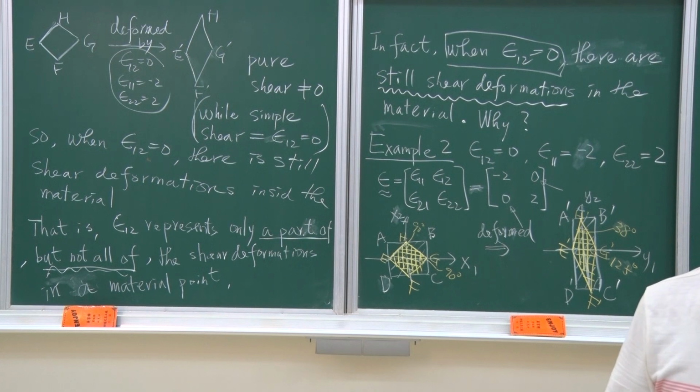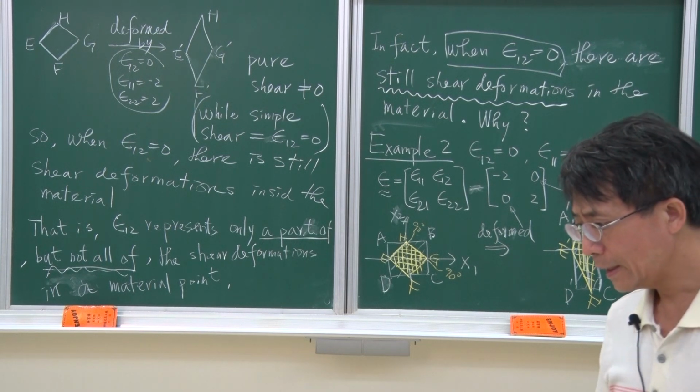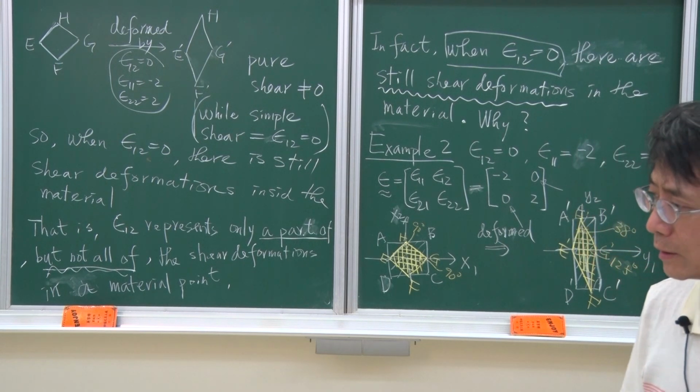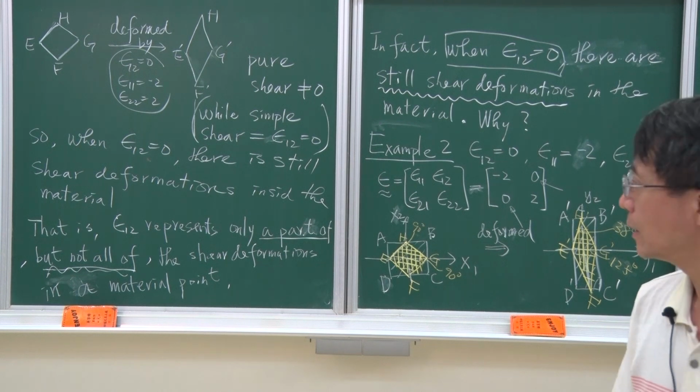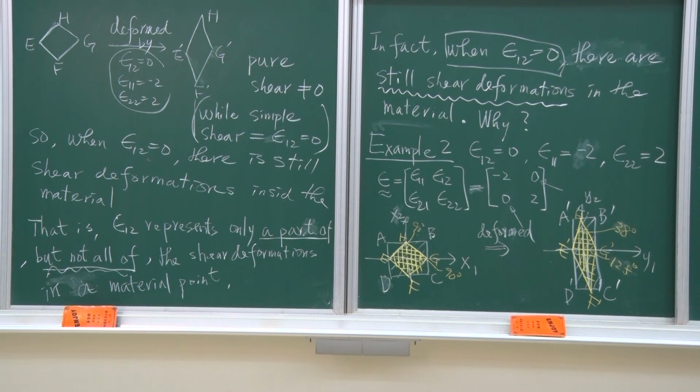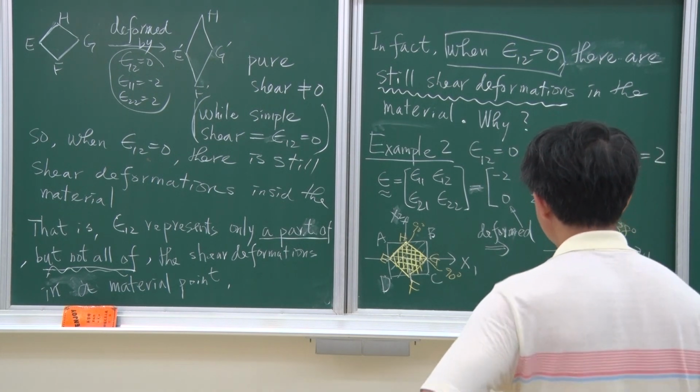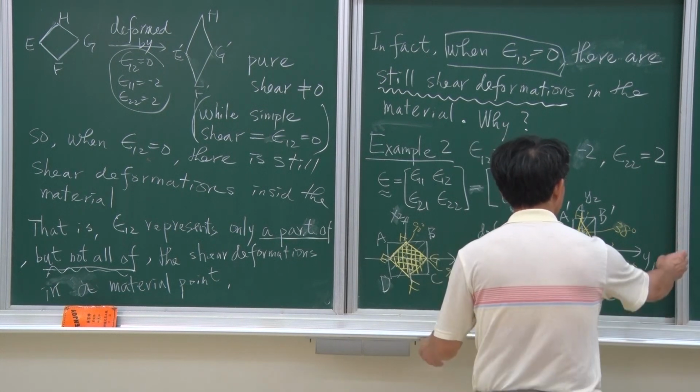So when epsilon 1,2 equals 0, you cannot say that there's no shear deformation in the material point. So obviously, calling epsilon 1,2 the shear strain is inappropriate.